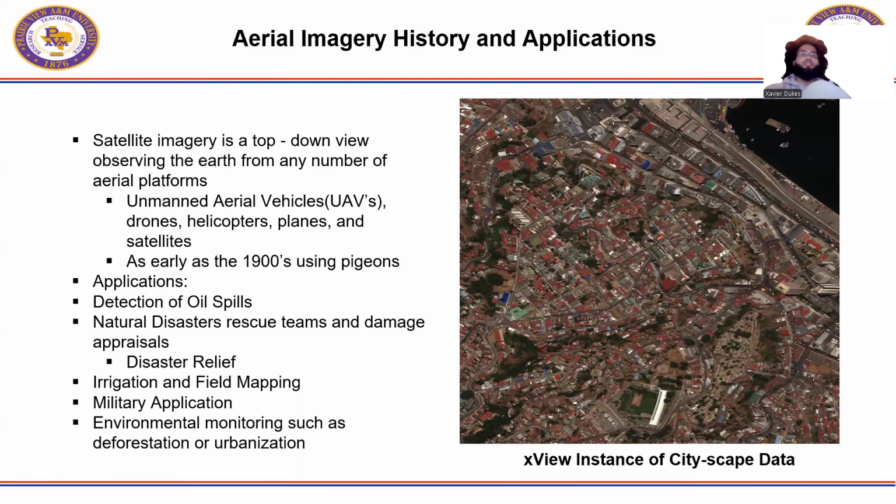Various applications include, of course, detection of oil spills, natural disaster rescue teams, and damage appraisals in areas that experience natural disasters, irrigation and field mapping, efficient mapping for irrigation and farming. Of course, you have military applications such as target identification, and then environmental monitoring such as deforestation or urbanization. This is an example of the xView data set.